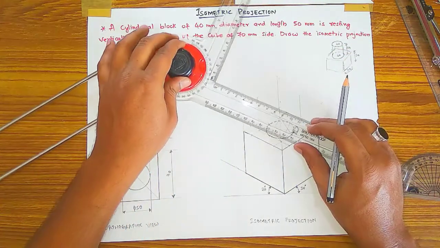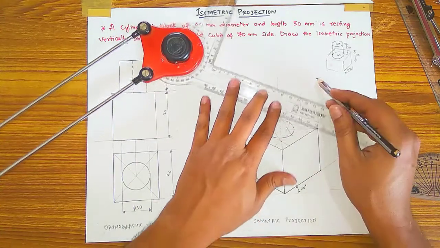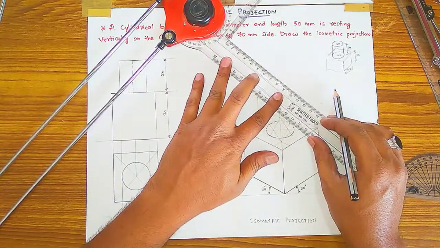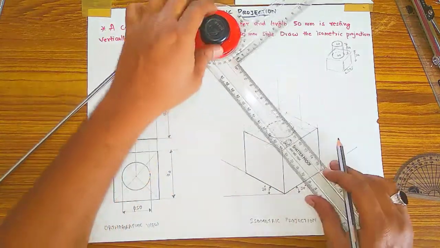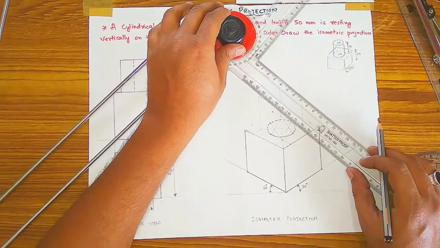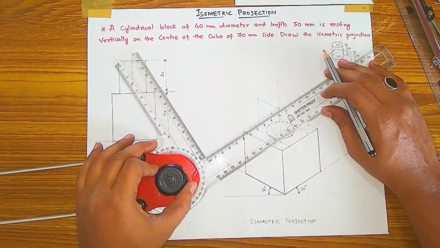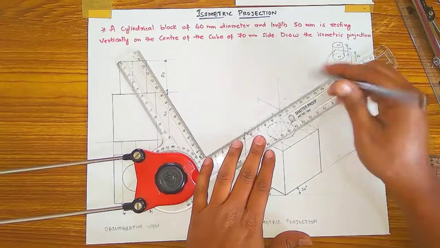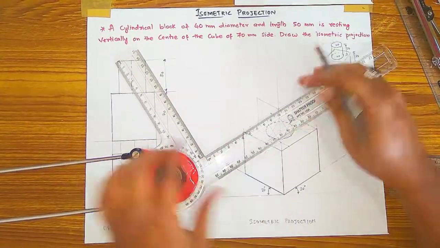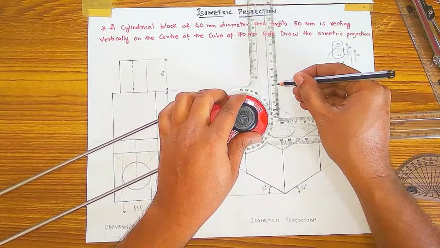Okay, so join these lines, you will get the rhombus of another top section of the cylinder. Here it is.